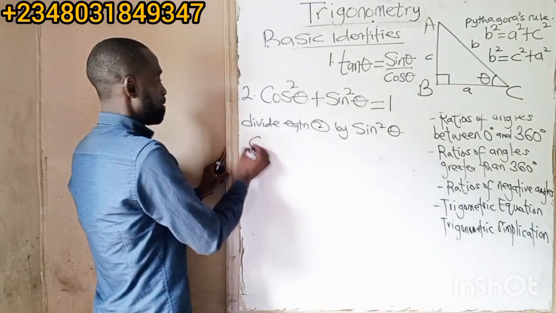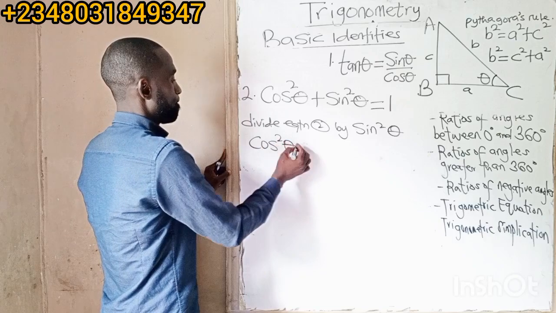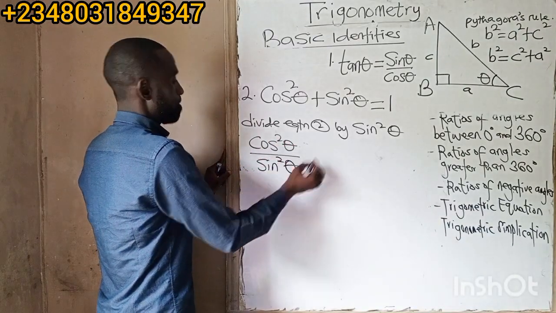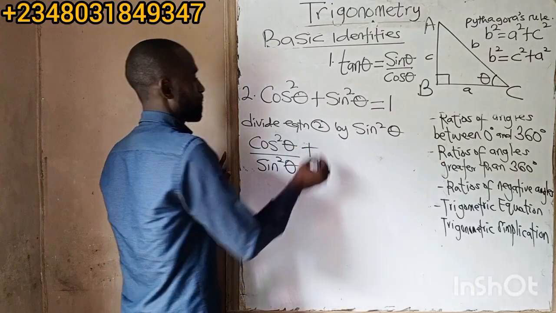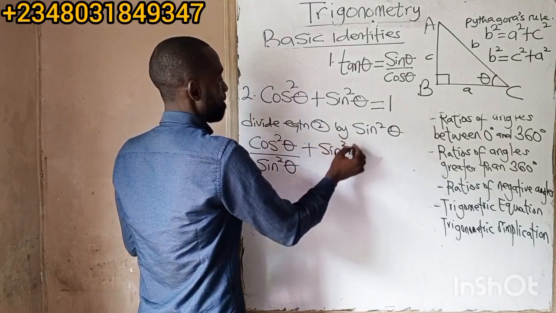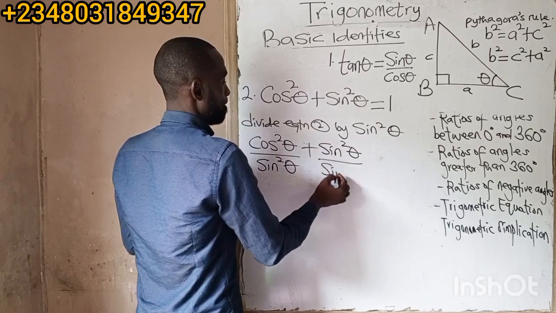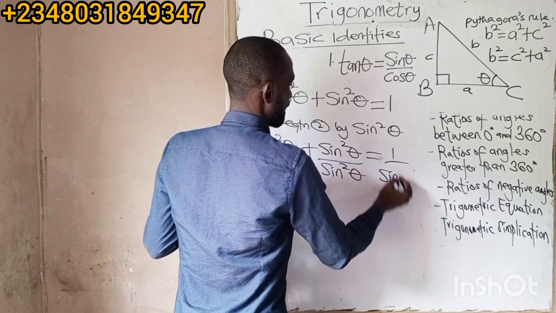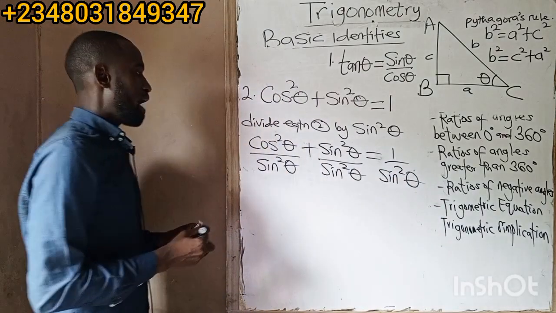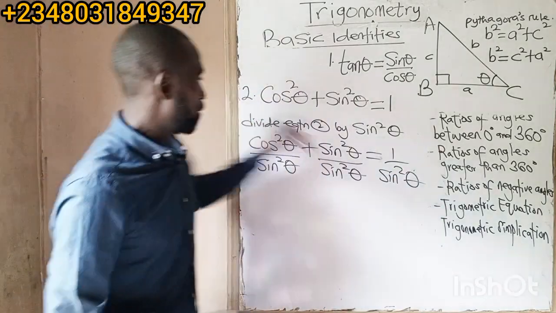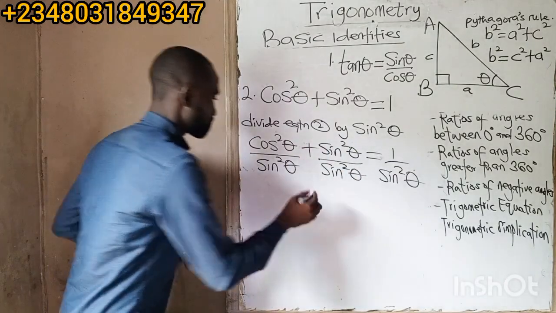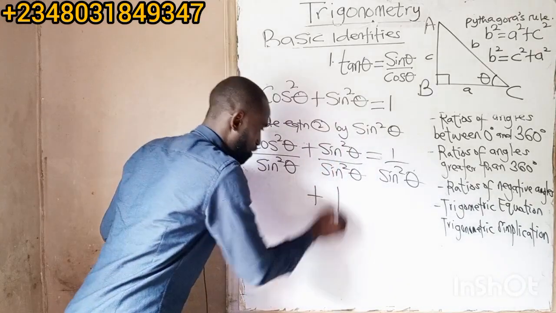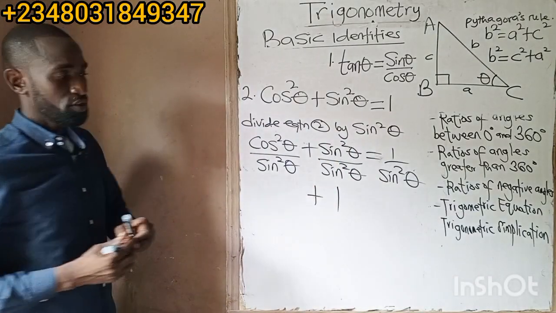So we'll now be having cos square theta all over sin square theta plus sin square theta all over sin square theta equals 1 over sin square theta. I'm dividing equation 2 by sin square theta. Sin squared something over sin squared of that thing will give us 1.